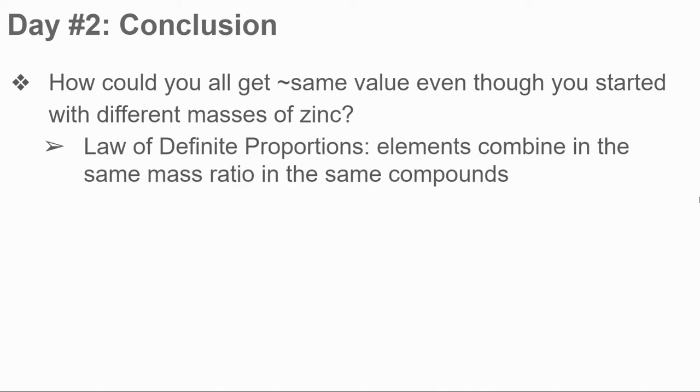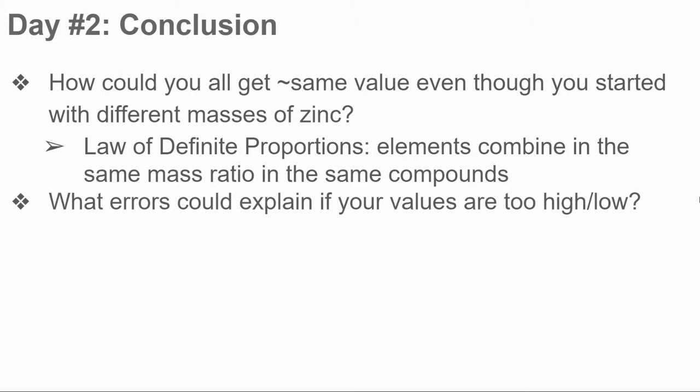This is a law that we definitely didn't talk about this year, but it is important, the law of definite proportions, which basically states that elements combine in the same mass ratio in the same compounds. And this is basically the same idea as what we saw with the electrolysis of water, that it always combines in the same ratio no matter what, 2 hydrogens for 1 oxygen every single time. Same thing here with our zinc chloride.